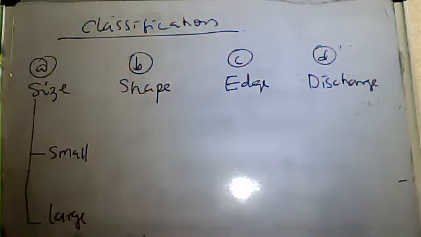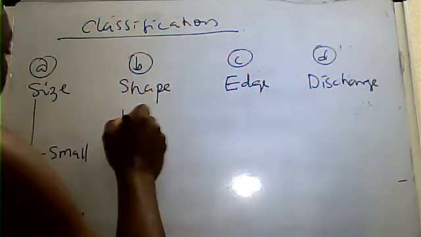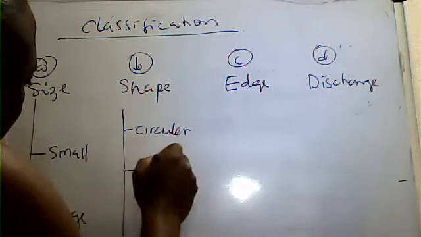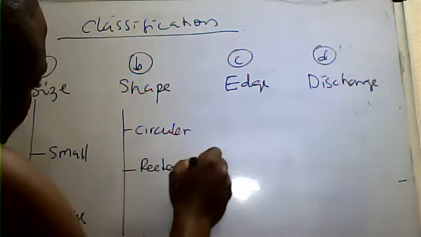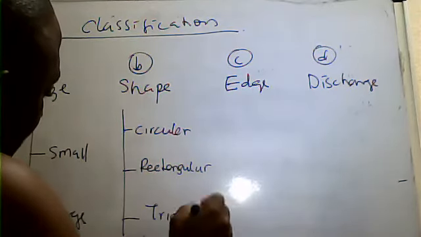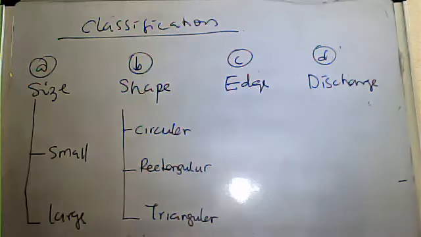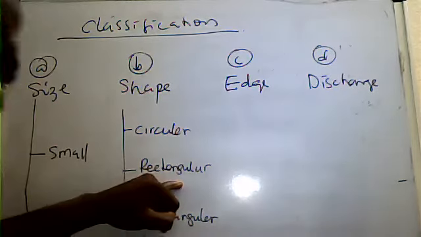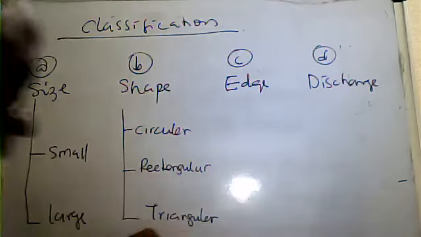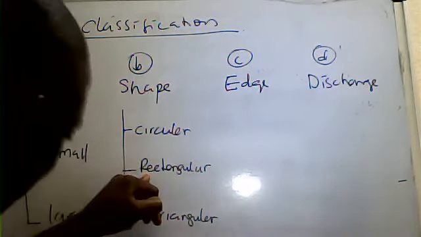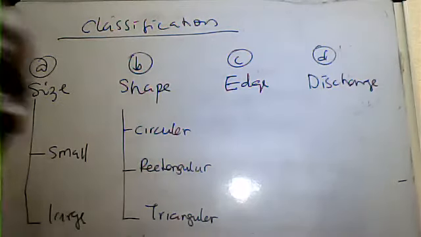Then also the shape, which you have already stated, can be circular, rectangular, or triangular. So you can have a small circular, small rectangular, small triangular, or large circular, large rectangular, large triangular.